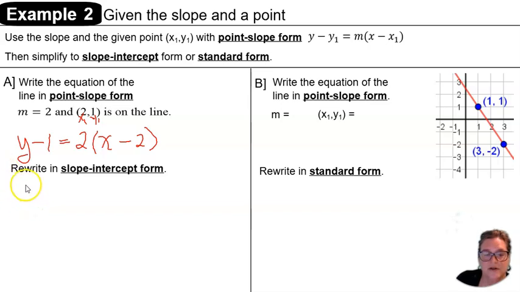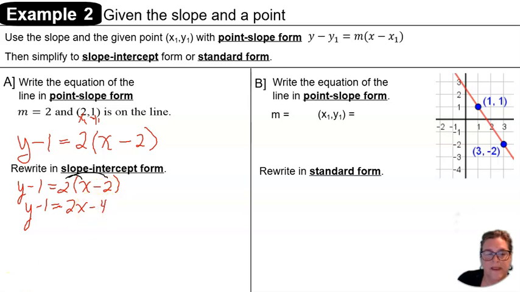Now we want to rewrite this point-slope form into slope-intercept form. So I'm going to start by rewriting my equation. y minus 1 is equal to 2 times the quantity x minus 2. And I'm going to distribute this 2 over the terms in the binomial, and I'll have y minus 1 is equal to 2 times x, and then 2 times negative 2 is a negative 4.